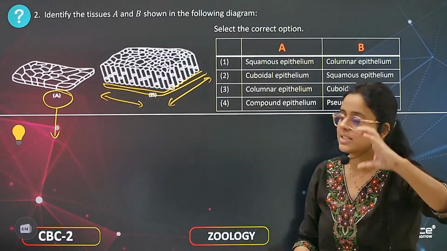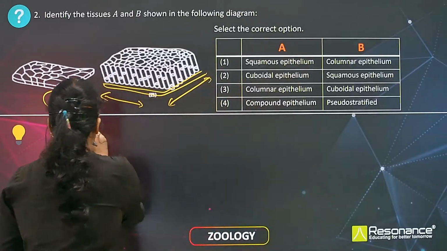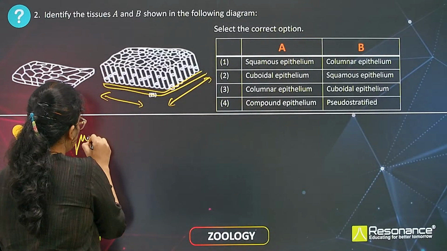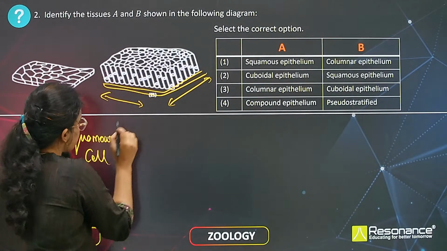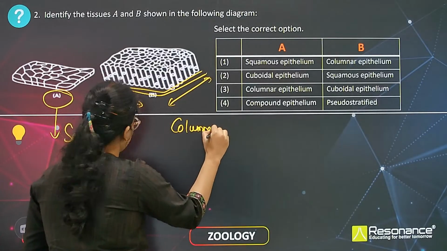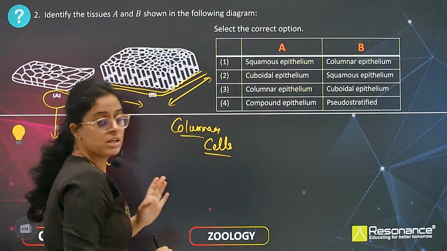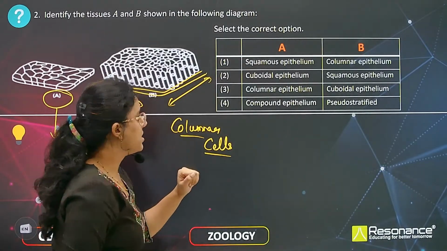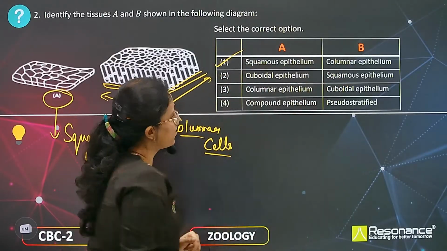Tall pillar-like cells are called columnar cells. So A is squamous cells, whereas in picture B these are columnar cells. The answer, the very first option, is going to be the answer.